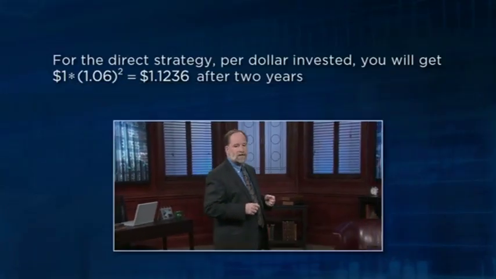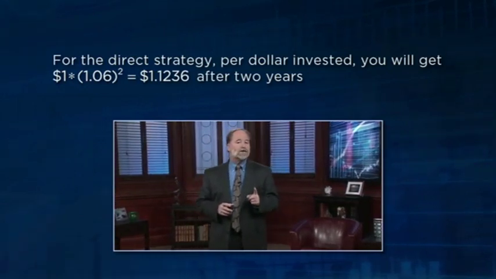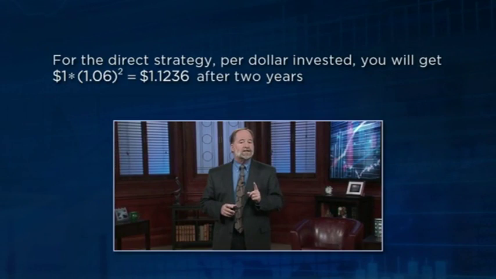Note that for the rollover strategy, you have some uncertainty about what the 1-year rate will be next year. If you could know next year's 1-year rate for sure, what would it have to be to make you indifferent between these two strategies? The answer to that question is called the forward rate. Note that for the direct strategy, per dollar invested, you're going to get $1 times 1.06 raised to the second power.